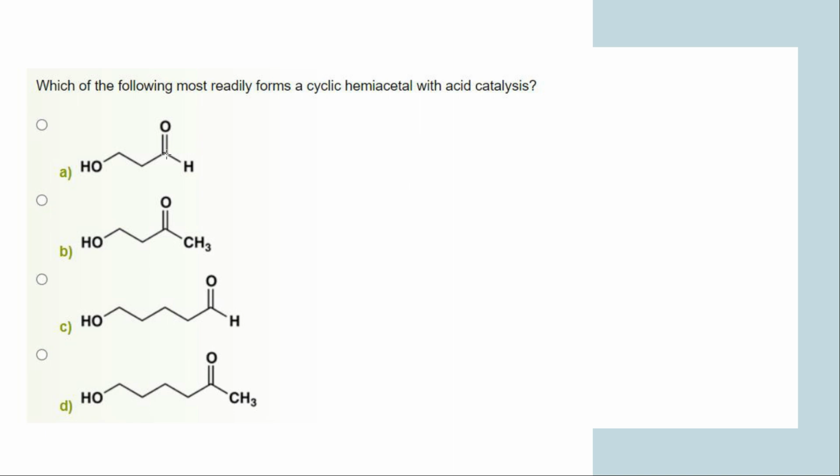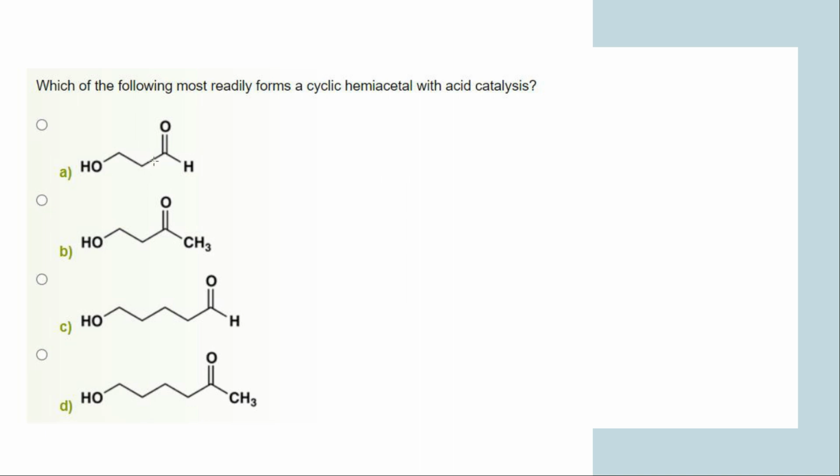Then let us count the number of atoms in the ring. 1, 2, 3, 4. So if this particular substrate undergoes hemiacetal formation, you will get a 4-membered hemiacetal. And I hope you understood how we got the 4-membered cycle. This will attack here and you get 1, 2, 3, 4.